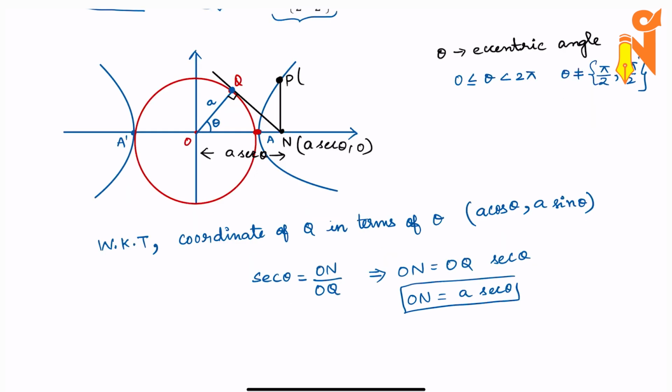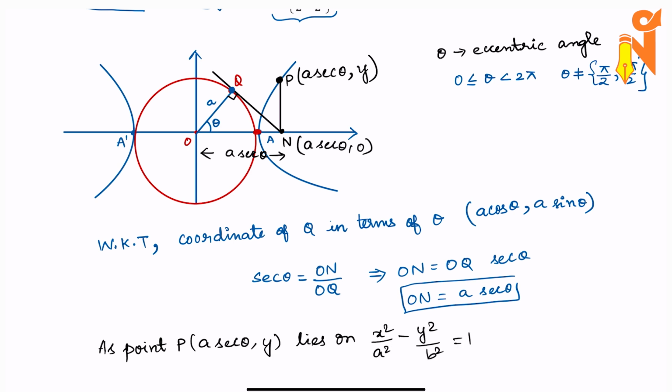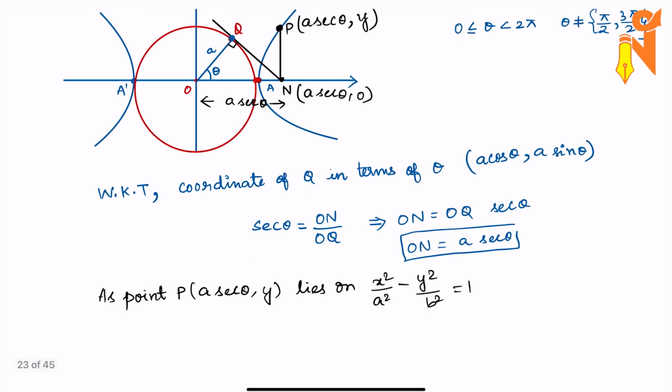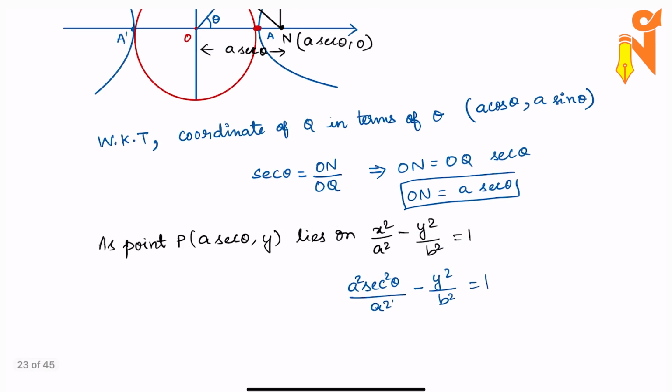Since PN is a line perpendicular to the x-axis, the x coordinate of P remains the same. Let's take the y coordinate to be y. As point P lies on the hyperbola, it should satisfy the equation of the hyperbola. So in place of x, you substitute a secant theta, and y as it is. From this, secant square theta minus 1 is y square by b square.